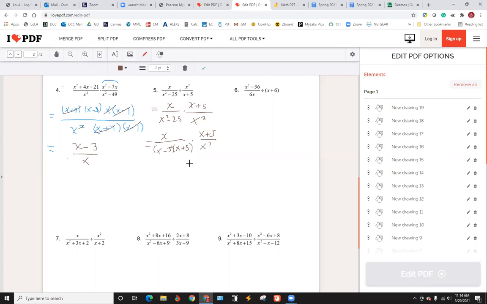So what do we simplify down to there? What can come out?